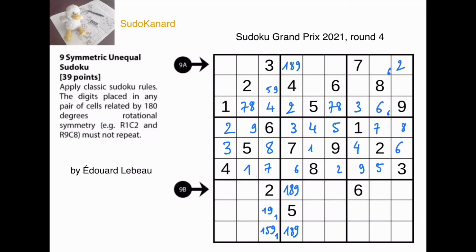Then that's a 6, that's a 3, using this 6. Four goes here, that's a 1, that's a 5, making this a 9. And we get a 1 and a 5. Those must now be 2 and 8.